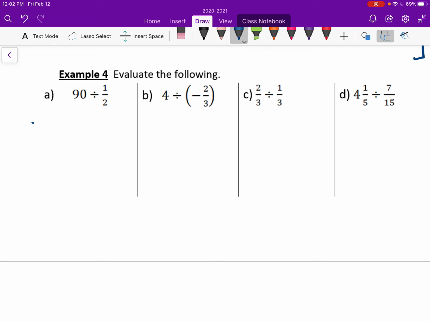So I have 90 over 1, right? So keep that as my fraction. Change the second sign, flip the last fraction, right? And now I can just do that. 90 times 2 is 180 times 1 is just 1. So my answer is 180 over 1, or just 180 when you simplify it, right?